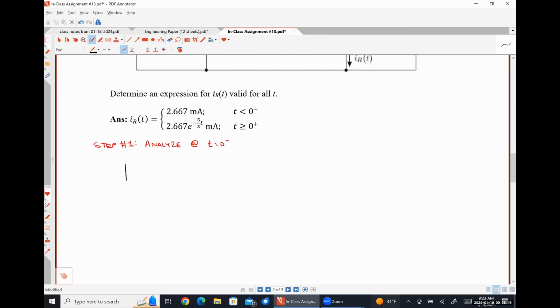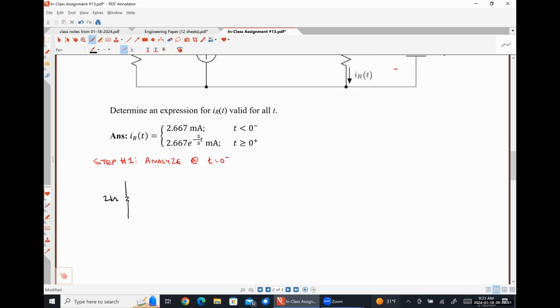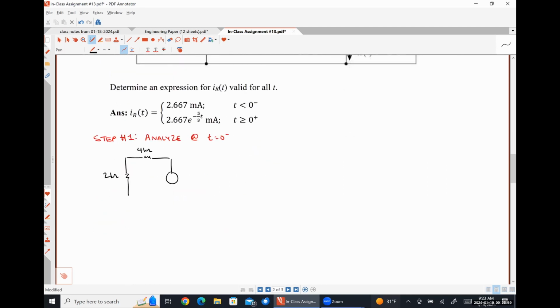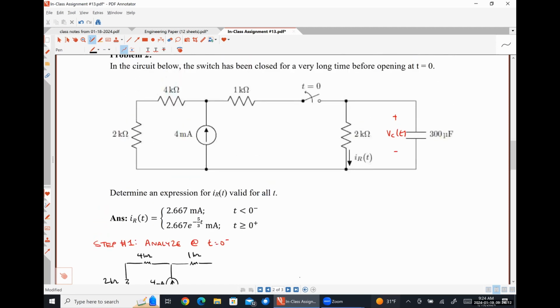So we have a 2 kilo ohm resistor goes here, 4 kilo ohm resistor goes here, 4 milliamp source, and then one kilo ohm goes here.